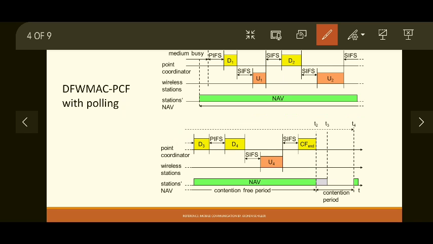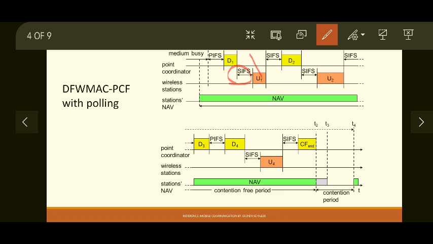that is a polling request. Now it is given to station 1. So here let's say that is user 1. User 1 responds with its own response, whether it wants the medium or does not want the medium, whatever it is. After waiting for SIFS amount of time, it sends a response.